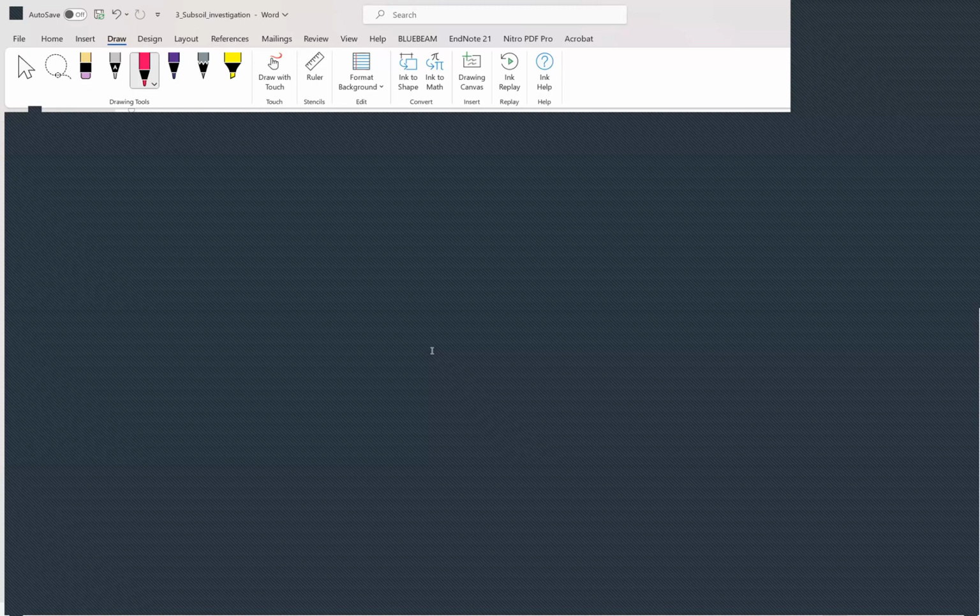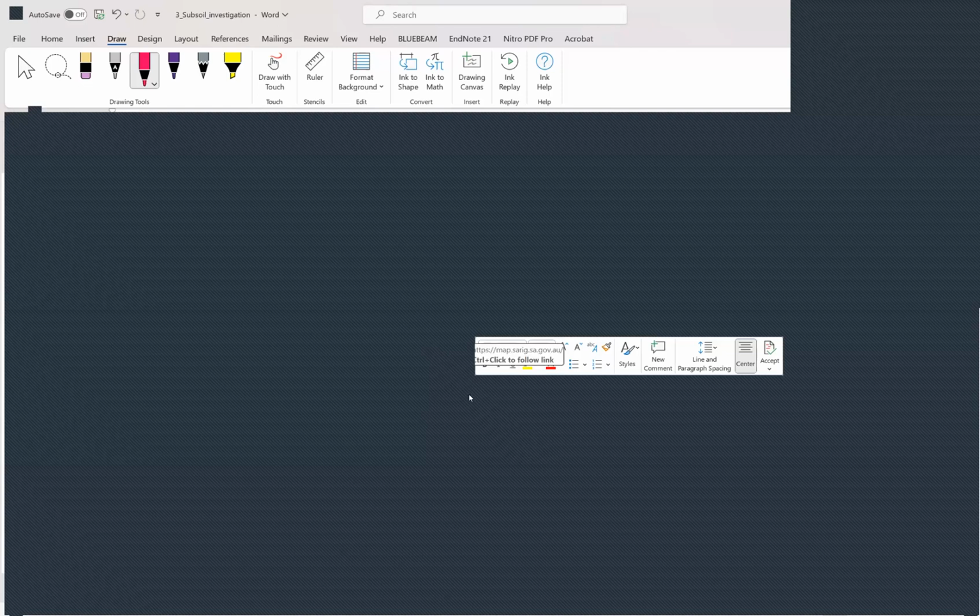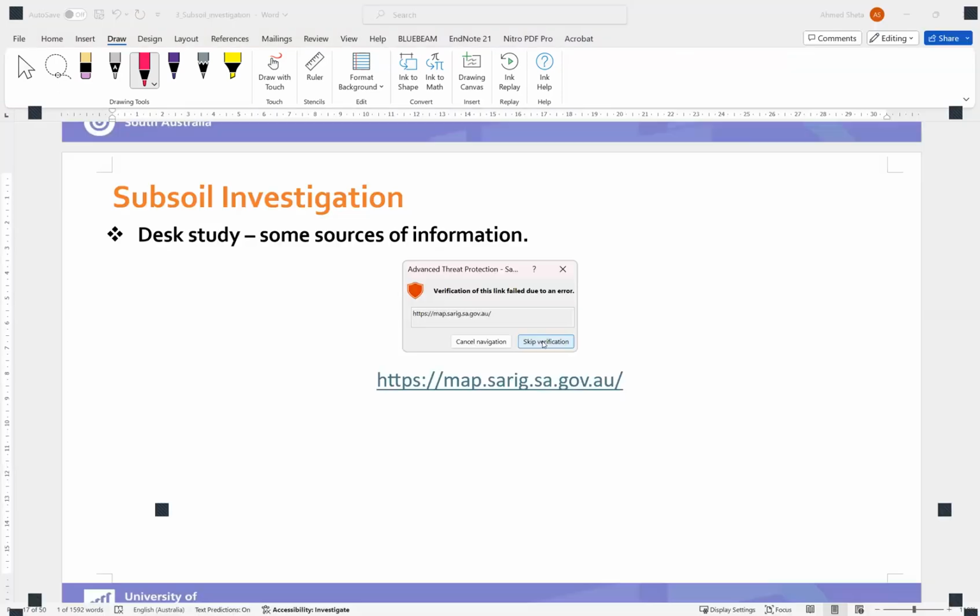And here, if you click this link, this link is for SA maps, which gives all the soil types in SA.